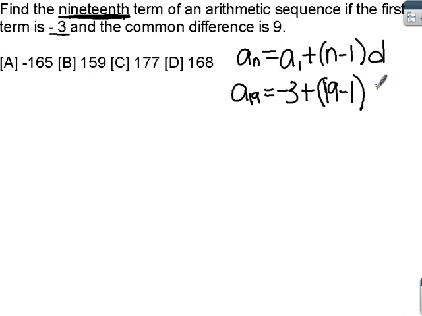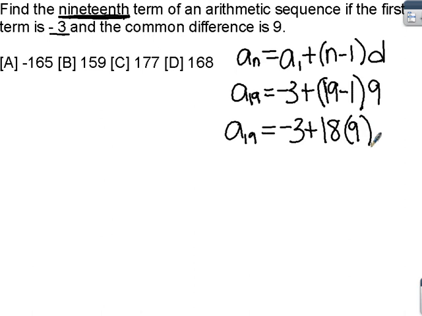Well, let's see. A sub 19 is negative 3 plus, what's 19 minus 1? Well, that's 18. And then 18 times 9. Okay, hope everybody's with me so far. A sub 19, let's do a little simplifying here. What is 18 times 9?